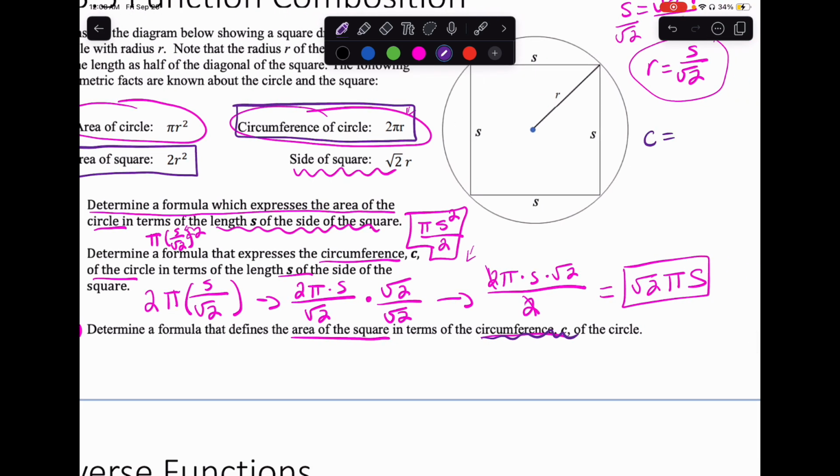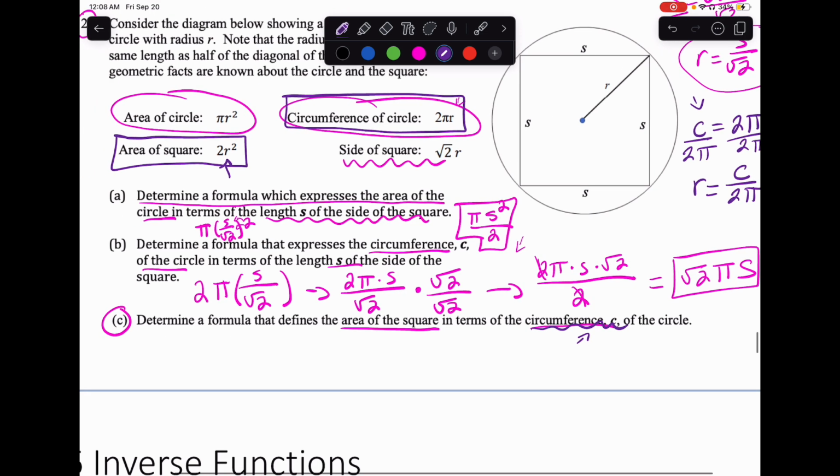That's C equals 2 pi r. But now, since our area of a square inputs radius, we want it to instead input circumference. So we can rewrite this equation so that it's radius in terms of circumference. To do that, we're going to isolate the radius. So you divide by 2 pi on both sides, and r is going to be equal to C over 2 pi.